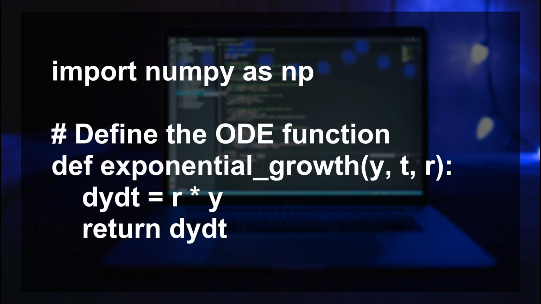Whenever we want to define any function, we start by writing def in front of it. We are defining a function called exponential_growth, and we'll give it 3 parameters: first y, second t, and third r.